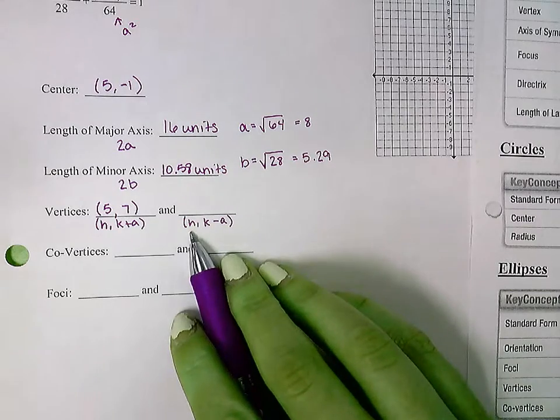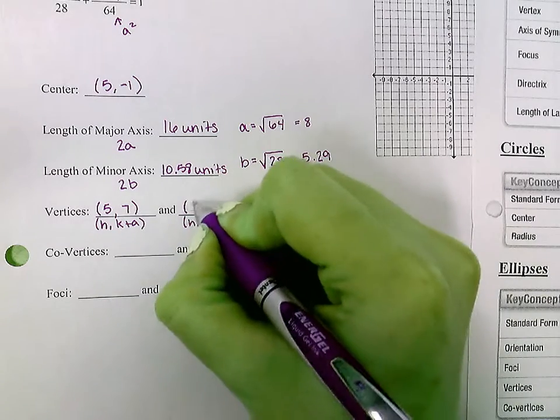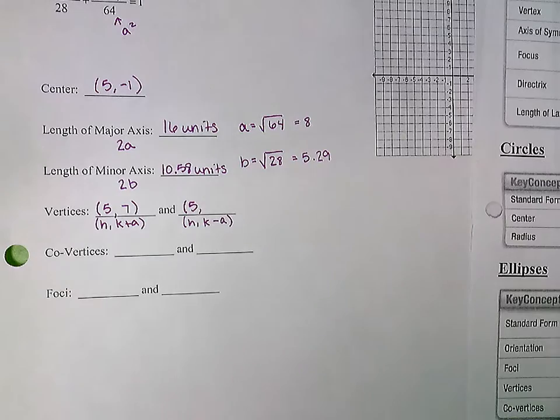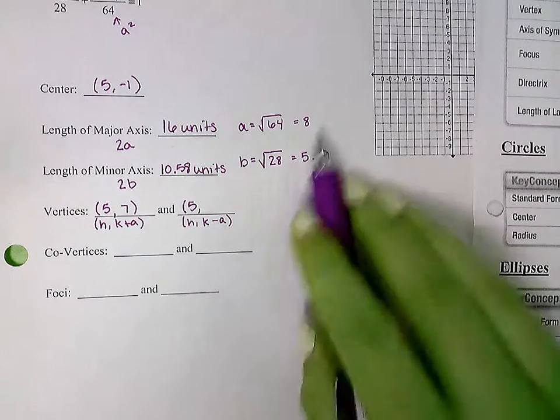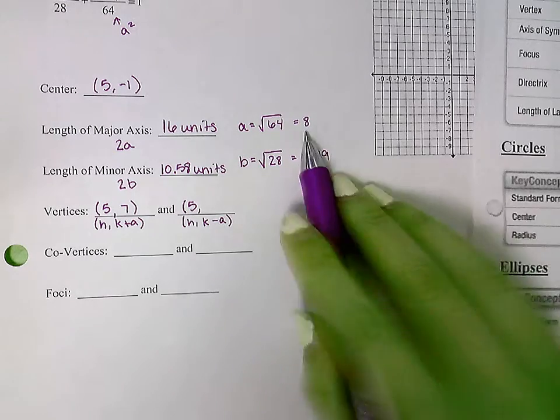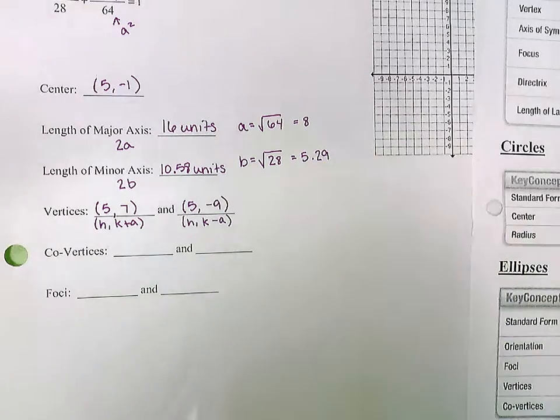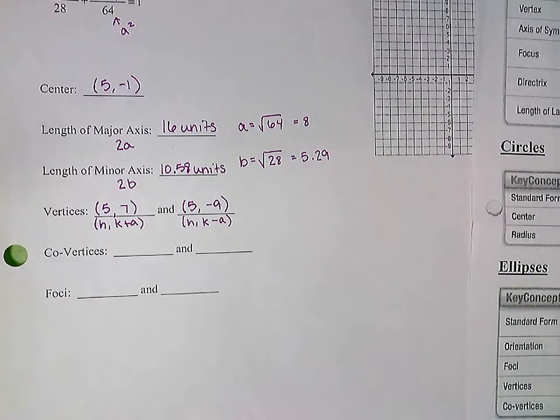Same thing for my second vertex. Again, h stays the same, so it's still 5. Now I'm going to take k, -1, and subtract 8. It is -9. So that's how I find those vertices.